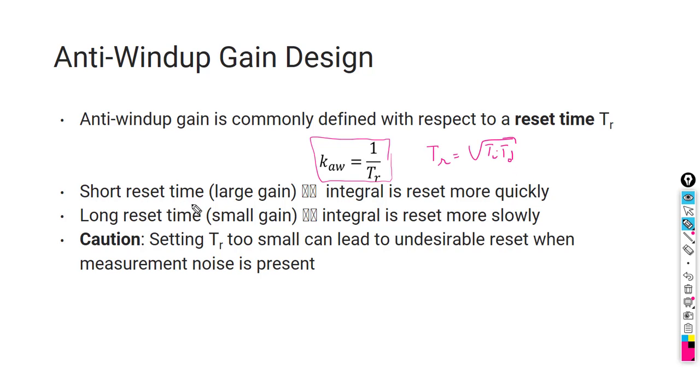They are saying why it's commonly defined with respect to a reset time. We call it reset time because it's the time in which I relax the output of my integrator. So with a short reset time, like a large gain, the integral is reset more quickly.